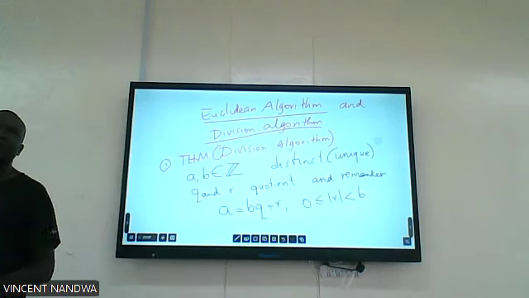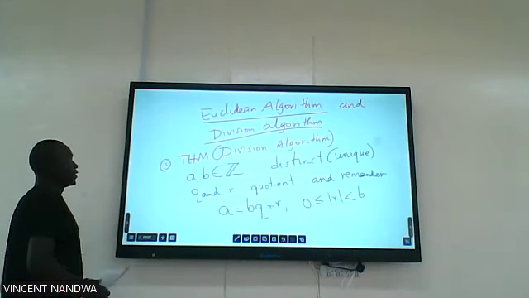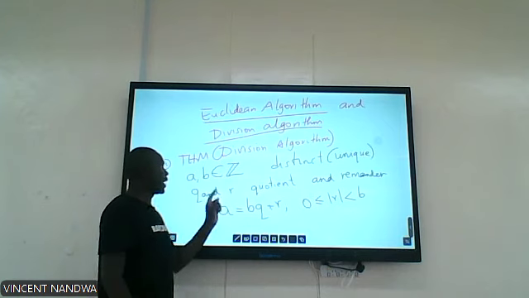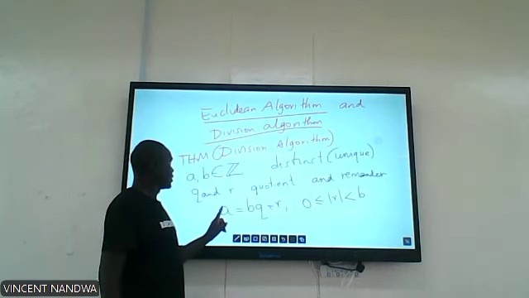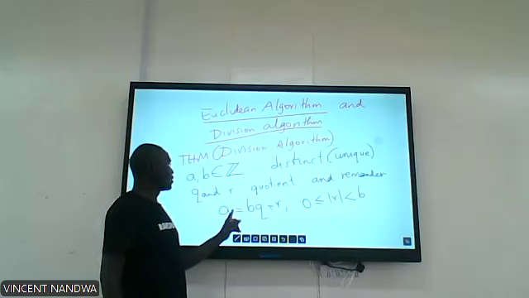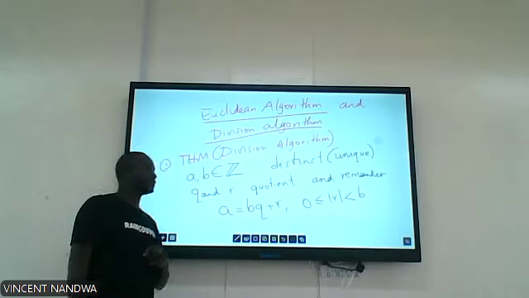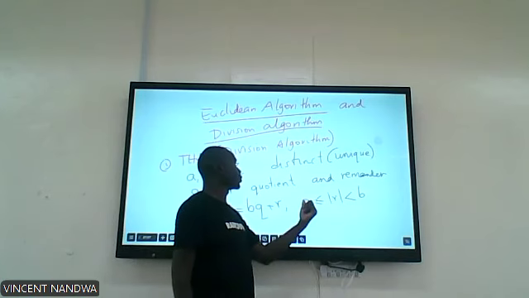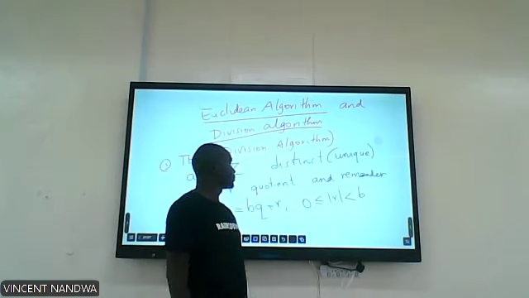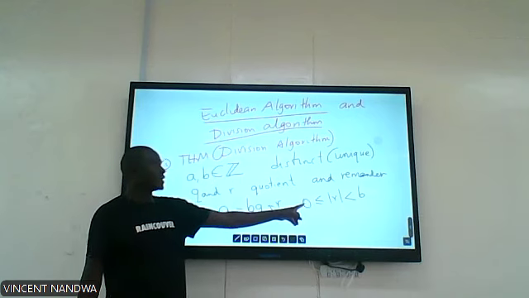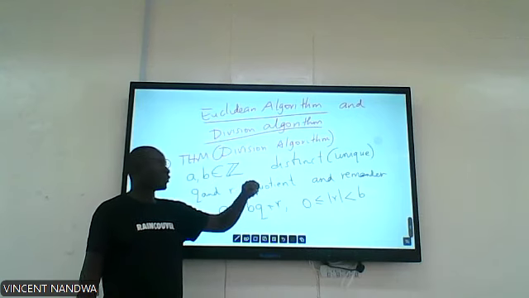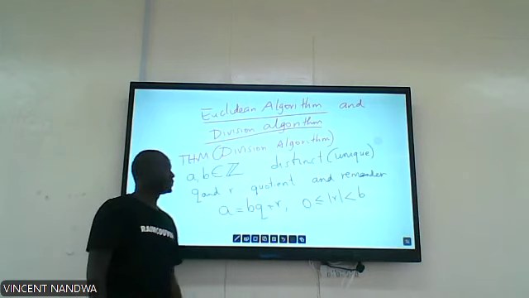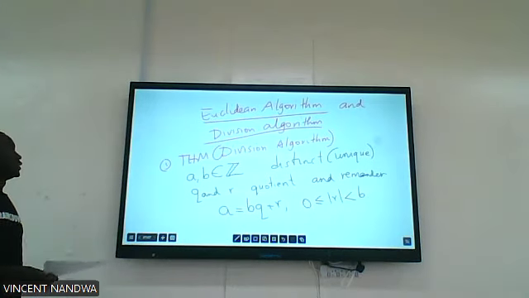For every pair of integers a and b, there exist unique integers q and r such that a is written as b times q plus r. This r is the remainder, and the absolute value of the remainder is between 0 and b. It can be exactly equal to 0, meaning there's no remainder when you do the division, but it's strictly less than b.